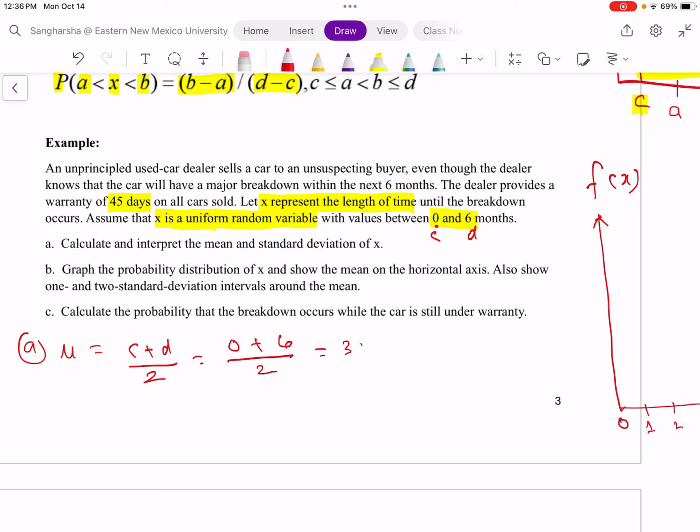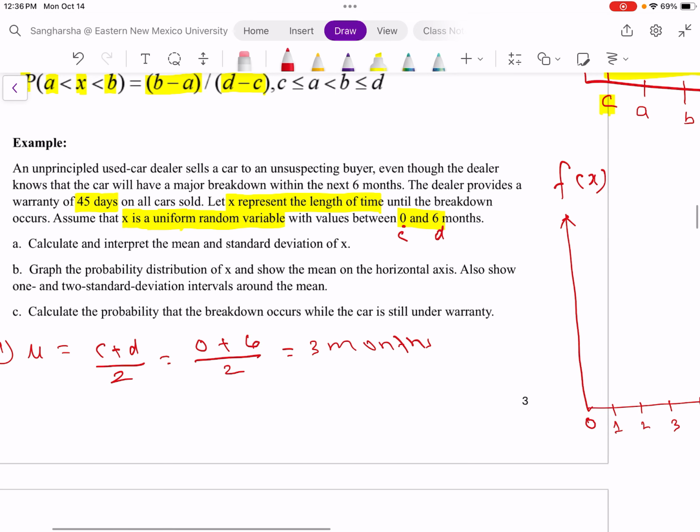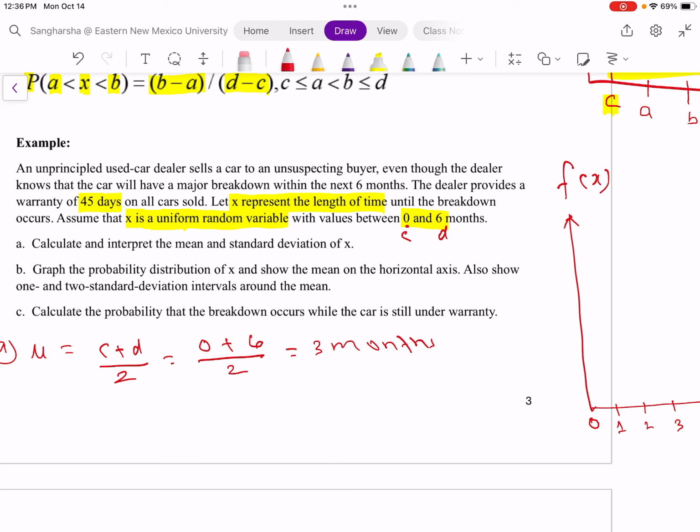So 3 months is the mu, because X represents the length of time in months. This is the average value. It is the average length of time until the breakdown is 3 months.